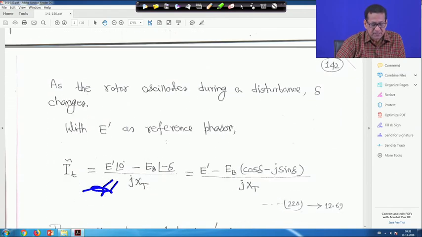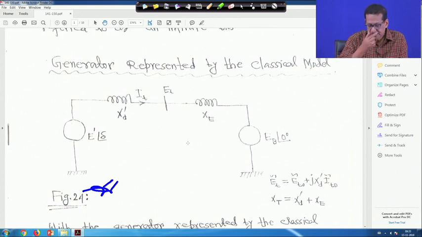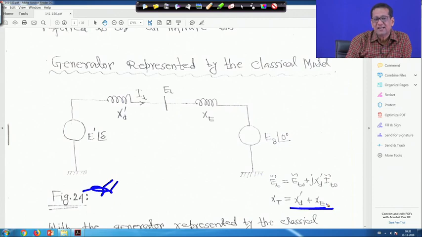Here E dash is the reference phasor, and total x t will be x d dash plus x c. We have not considered R anywhere, assuming it is very small, for simplicity of the analysis. If this is E dash angle delta, this is E b angle 0. So, E dash leads E b by an angle delta.